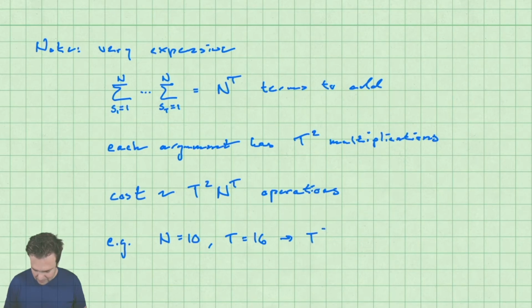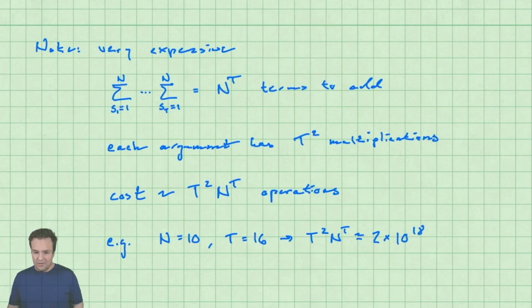So what does that give you? That gives you T squared N to the T is approximately 2 times 10 to the 18 operations. Now, what does that mean? So 10 to the 18 operations. Let's say your computer can do 1 billion operations per second. That's like a gigahertz, right? So 1 billion is 10 to the 9, right? So every second you can do 10 to the 9.